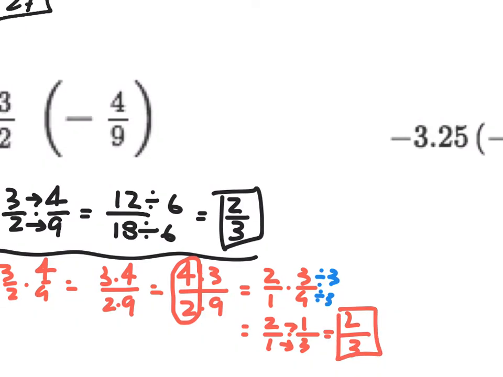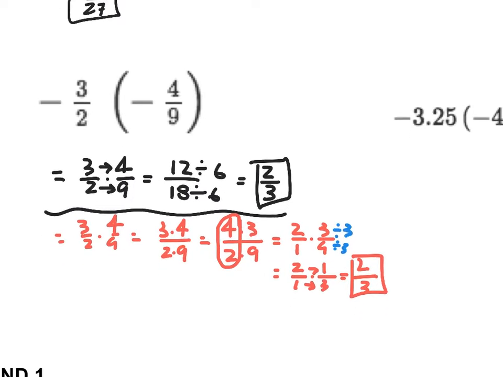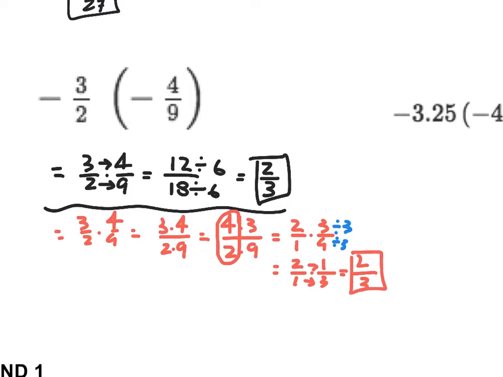This is the long way of thinking about it, but let me rewrite this one more time. If I have, say, 3/2 times 4/9, I know 3 divides in, and that simplifies to 1 over 3, and then 4 divided by 2 becomes 2 over 1.